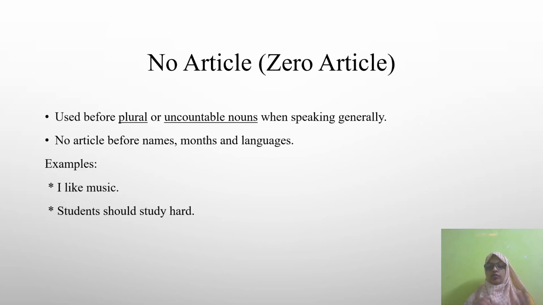Similarly, languages: not the Hindu, the English, the Hindi. No, not like that. Telugu, Hindi, English. And also months: January, February, March. Not the March, the April. No, not like that. And also in general things, for uncountable nouns, like I like music. Students should work hard.